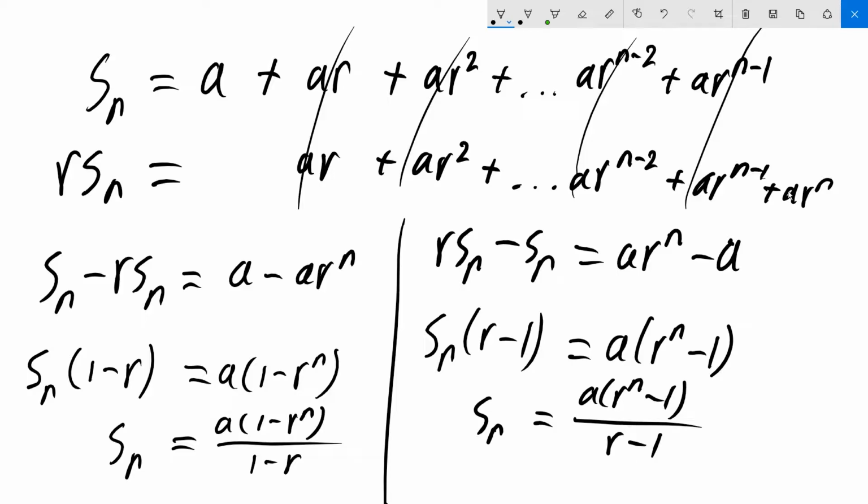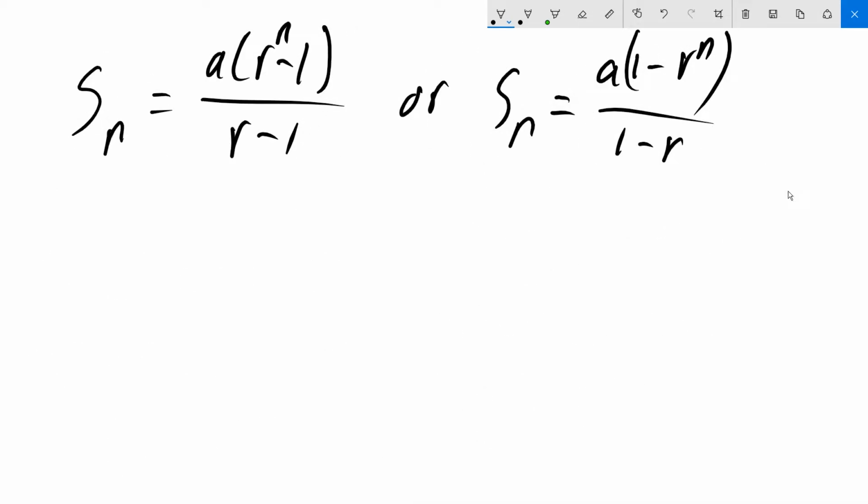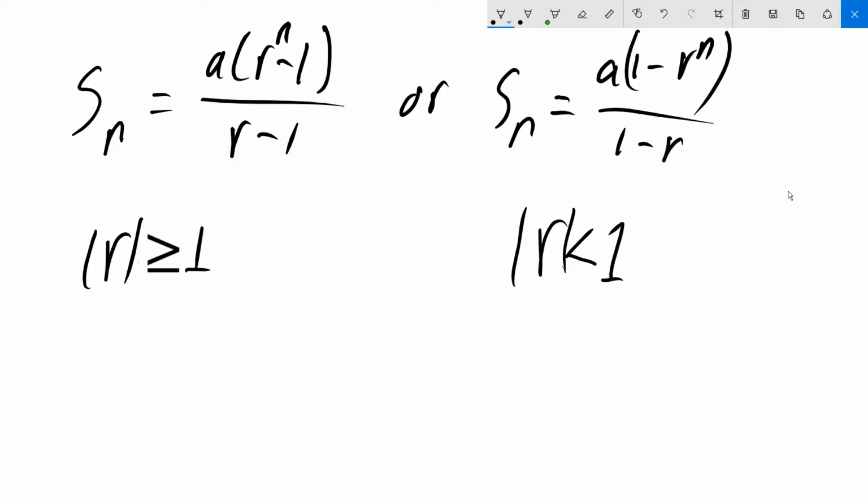Now, both of these equations will give you the exact same answer. The only advantage of one over the other is what the r value is, right? So this first one is used when the modulus of r is less than 1, and this one here is used when the modulus of r is greater than or equal to 1.